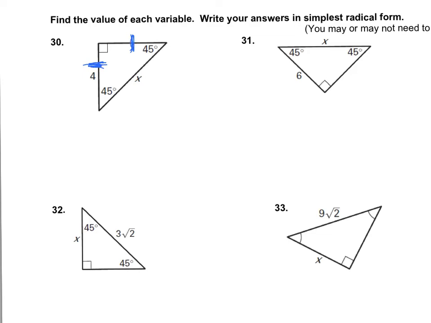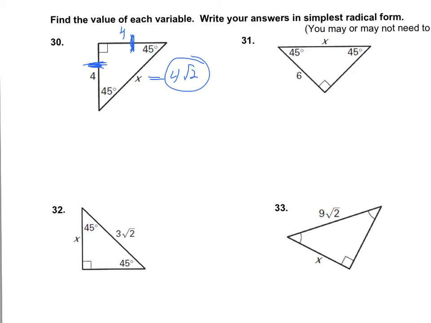And what we learned is you take a look at one of the legs. In this case, they're both 4. And to get the hypotenuse, you just times that leg by radical 2. So x is 4 times radical 2. And that's your answer. That's all you need to do with this one, and that is simplified. You don't need to do anything more.